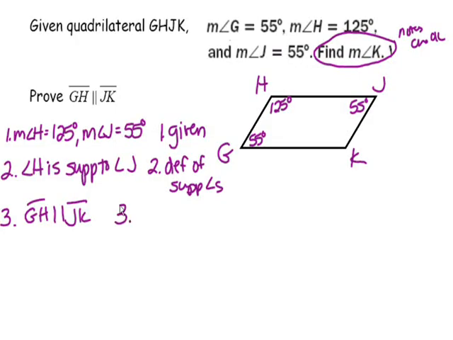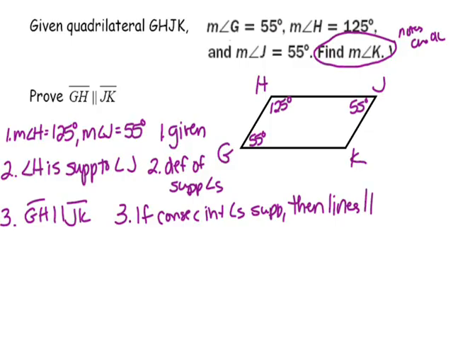And our reason for that is if consecutive angles supplementary, remember our old friend, then lines parallel. All right, so this one really didn't even necessarily have a whole lot to do with the fact that this was a parallelogram. In fact, we were never told it was a parallelogram. We were only given that it was a quadrilateral. Now, we know now that it's a parallelogram, but that is beside the point. All right, moving on.